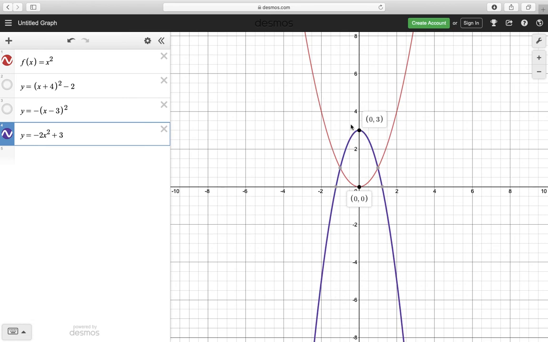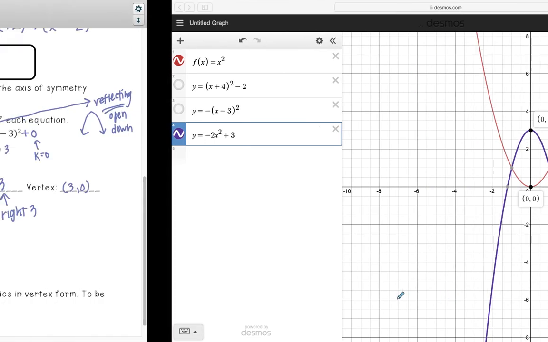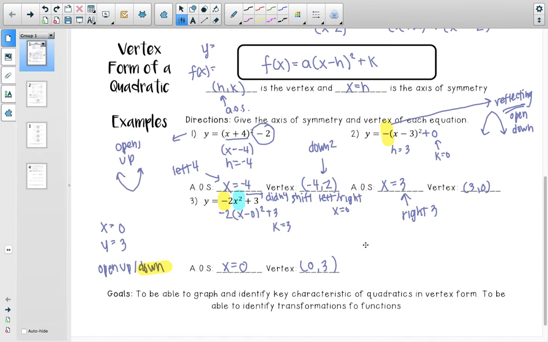And this is opening down instead of the red one where it's opening up, so it reflected. So the transformations that occurred on this graph: it shifted up 3, and it reflected.